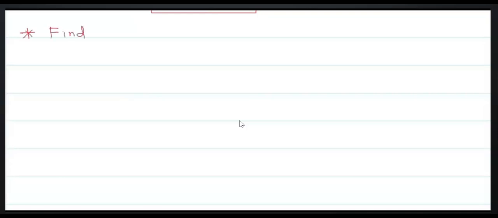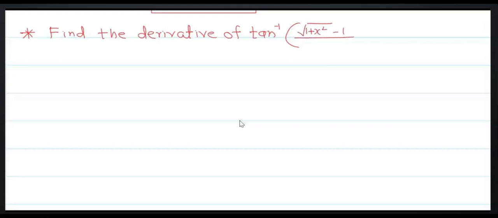Next is, find the derivative of tan inverse of root of 1 plus x square minus 1 upon x with respect to sine inverse of 2x upon 1 plus x square.